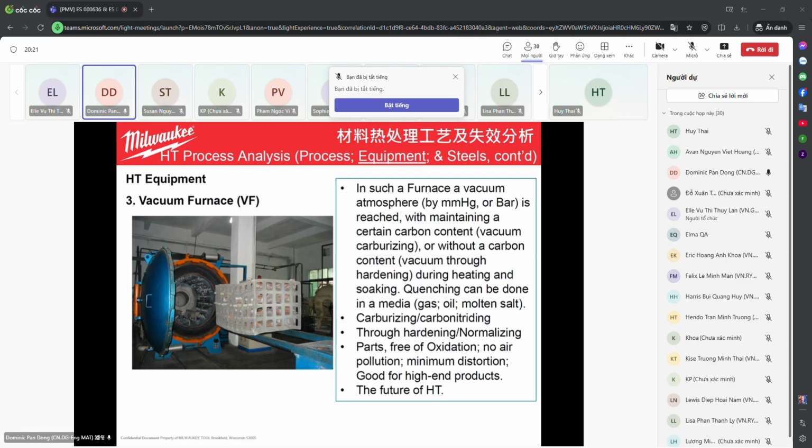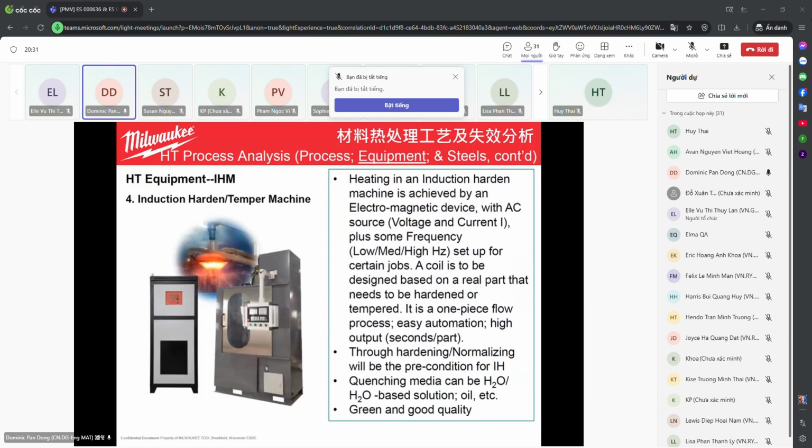So this kind of furnace for us is not mandatory, but only for some critical parts we would require a vacuum heat treating furnace. Again, besides the multifunctional furnace, the mesh continuous furnace and the vacuum furnace, we have another commonly used heat treating equipment, so-called induction hardening or induction tempering machine.